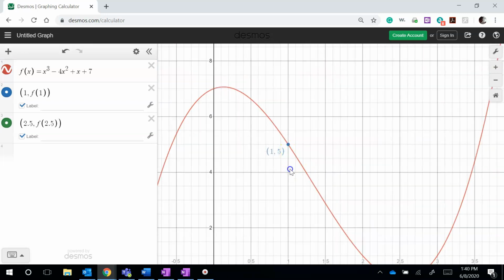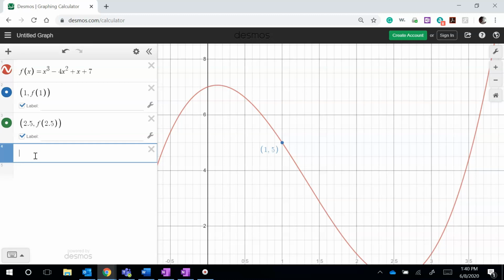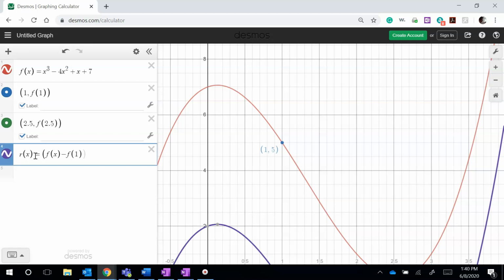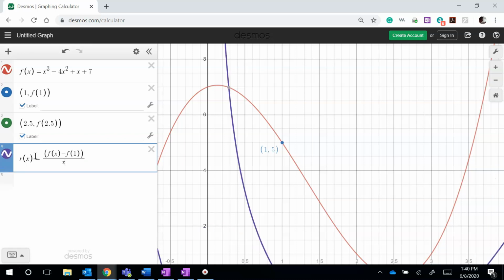So let's make that function. I had my function r of x is equal to f of x minus f of 1 divided by x minus 1. It's f of x minus f of c divided by x minus c.